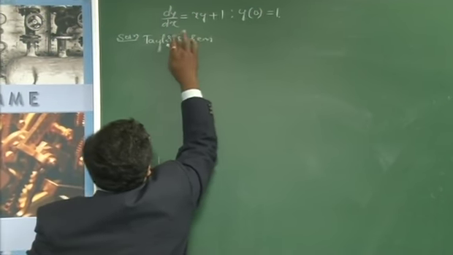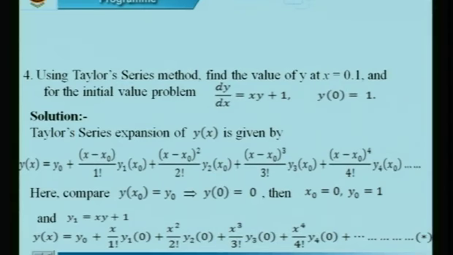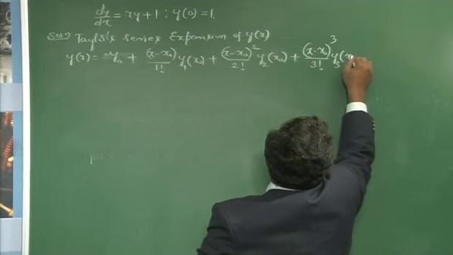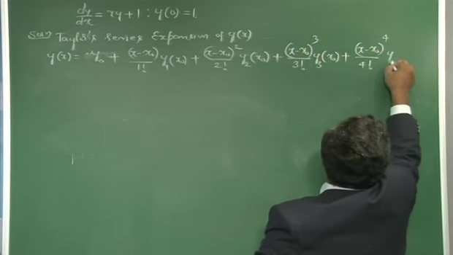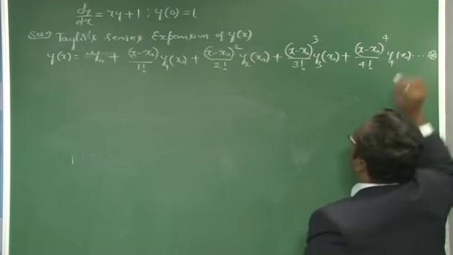Taylor's series expansion, y of x about a point x naught, is y naught plus (x minus x naught) by 1 factorial, y1 of x naught, plus (x minus x naught) whole square by 2 factorial, y2 of x naught, plus (x minus x naught)^3 by 3 factorial, and so on. Call this equation star.